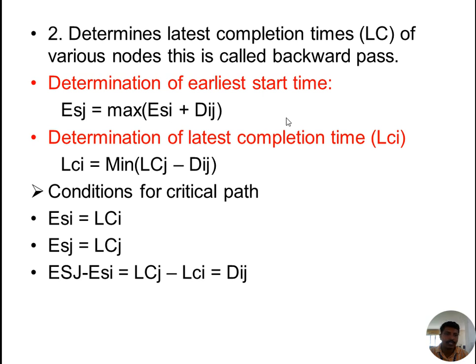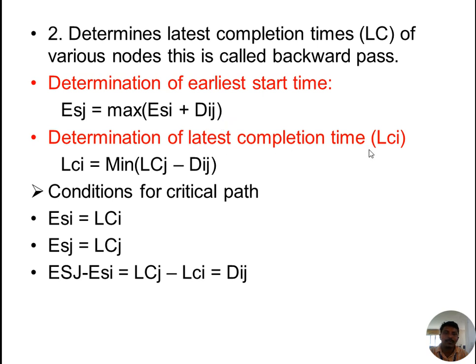For example, take node 1 and node 2. Node 1 is the known value, and the duration is how many days are required to complete the activity from 1 to 2. Node 2 is not known, so we determine it using ESJ equal to the maximum of ESI plus duration.